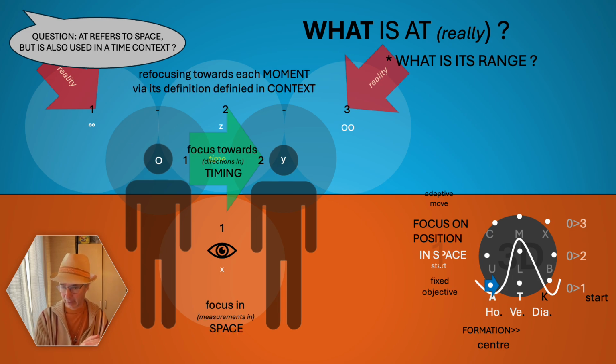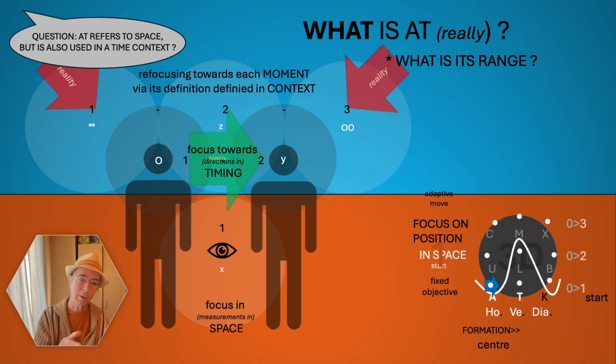There are again three sorts of focuses. The one focus is the focus of measurements, let's say in space, of localizations in space. The other option is that you deal with two focuses, and then you deal with timings or directions.